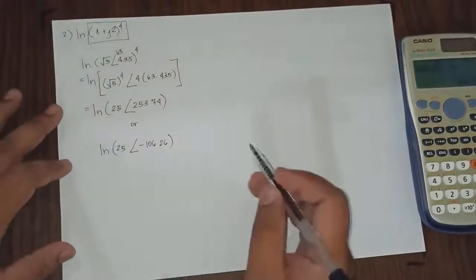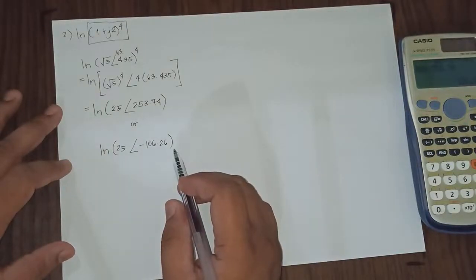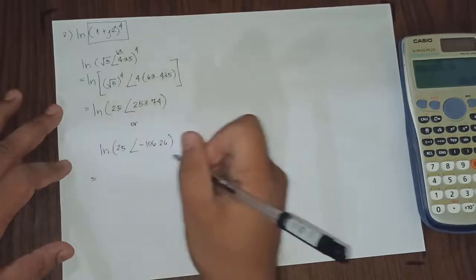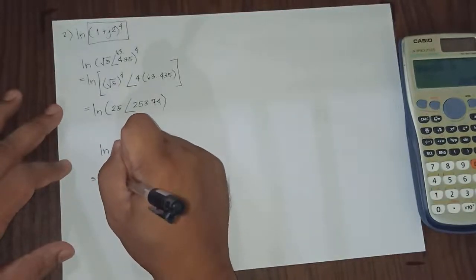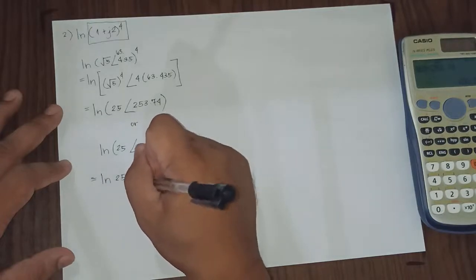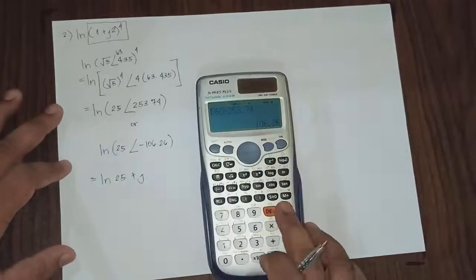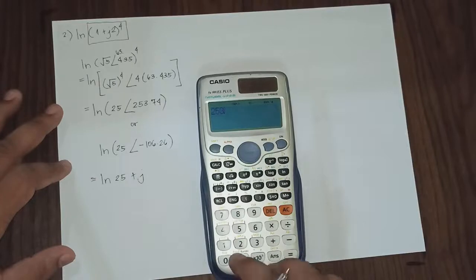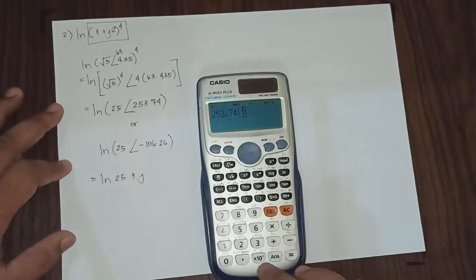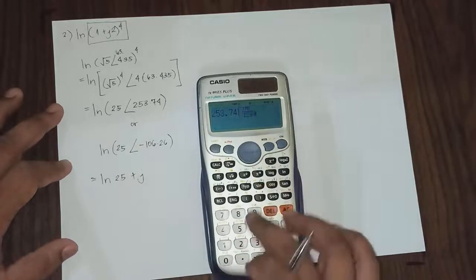Ngayon, kailangan nating makuha yung logarithmic application niya. So, that is just ln of 25 plus j of 253.74 times pi all over 180.